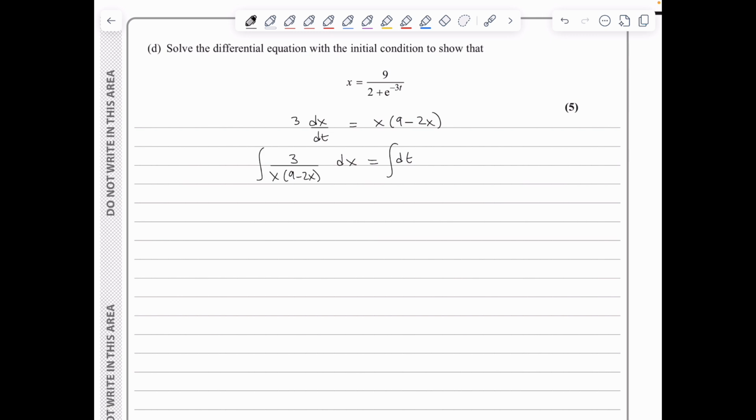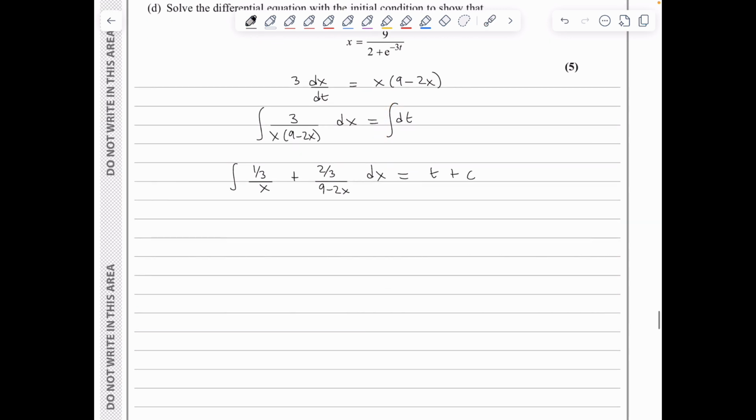Now we can recognize the left hand side here as the expression we have expressed in partial fractions in the previous part of this question. So we're looking at the integral of (1 over 3) over x plus (2 over 3) over (9 minus 2x) dx, and obviously I can proceed with integrating the right hand side, which will give me simply t plus c.